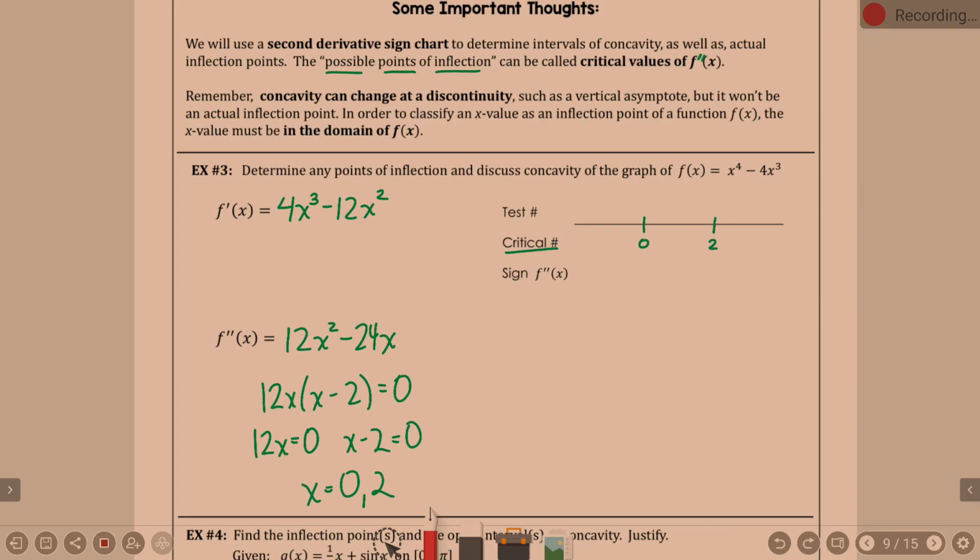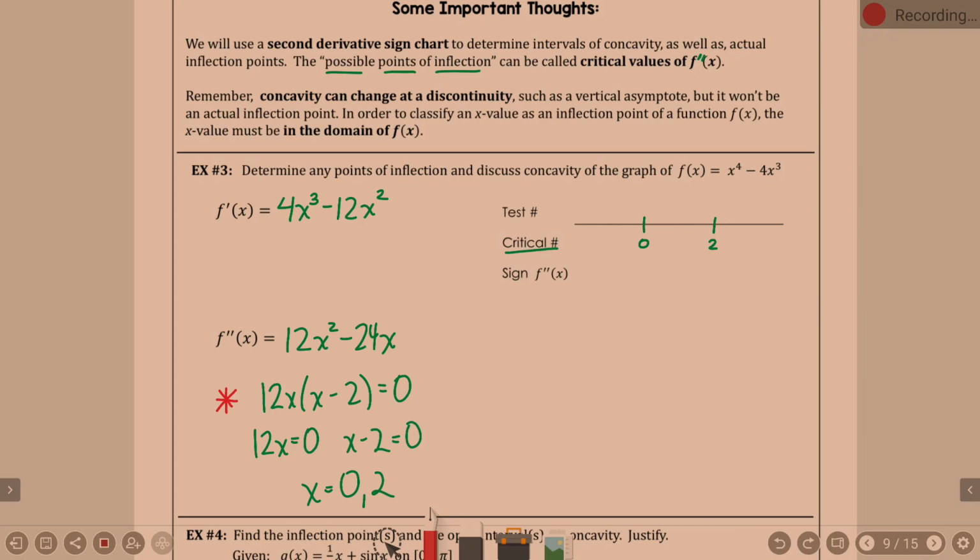These are critical values of the second derivative, so we're figuring out what's going on with the second derivative. My recommendation is you use the factored form. I know Logan disagreed and didn't always want to use that, but it's to each their own.